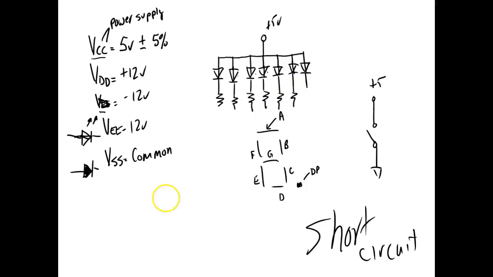And then we would hook this up to our 7-segment decoder, which we're going to use a 7447, which is a common anode driver. So this is what we got. We got a common anode 7-segment display. It's usually a 7-segment.